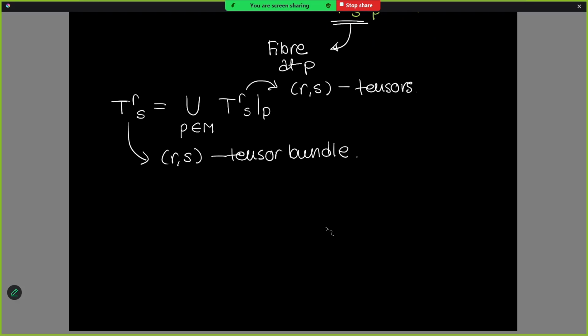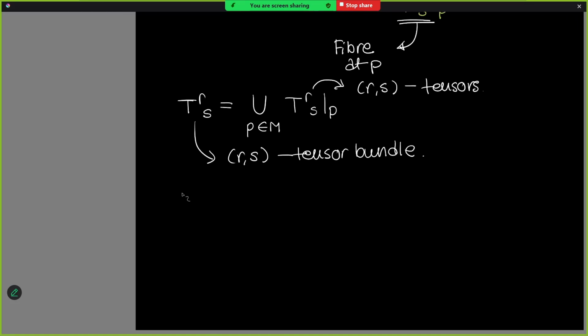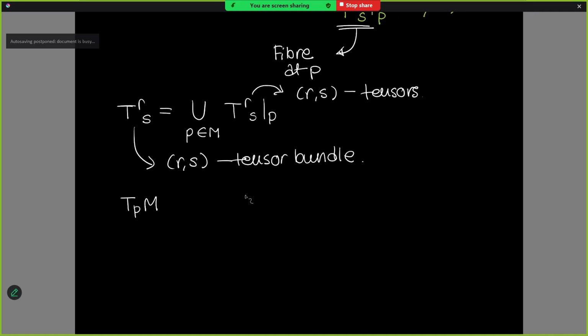I mean, the idea of the tangent and the cotangent bundles should be obvious to us, but the reason I held off on defining them was because now is a really nice time to very easily get a definition of the tangent and cotangent bundles, because of an interesting thing. If you think about the tangent space TPM, let's say that I take T10.